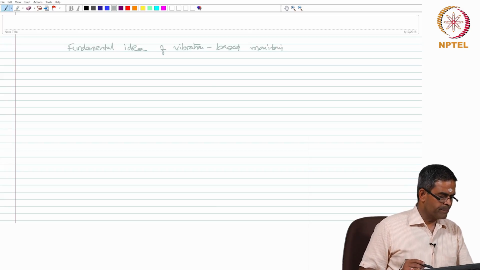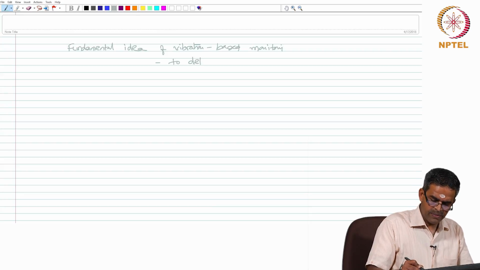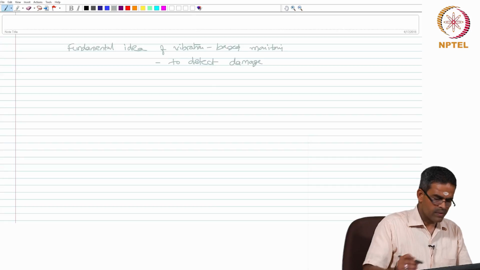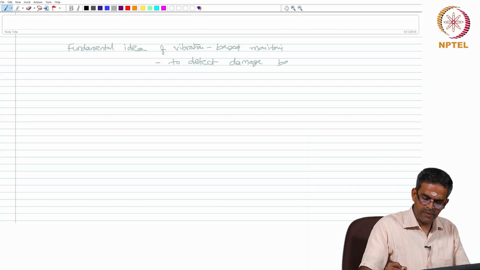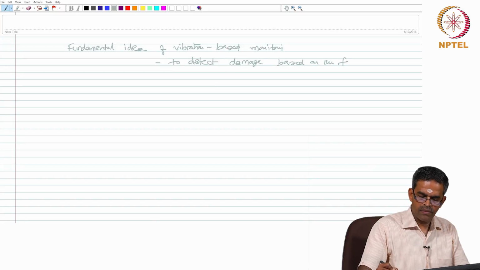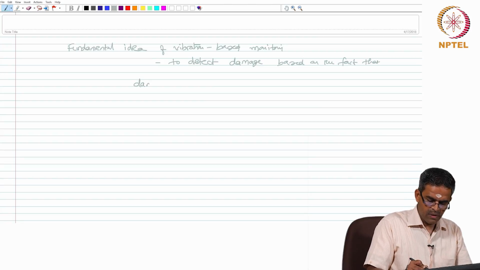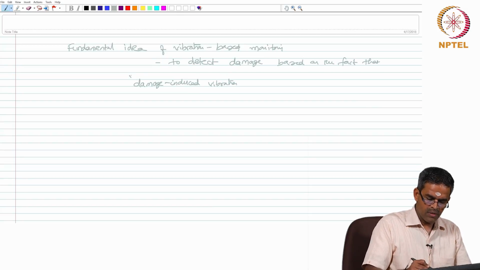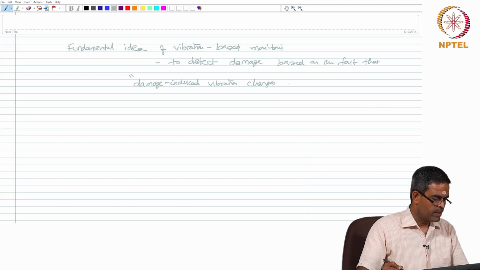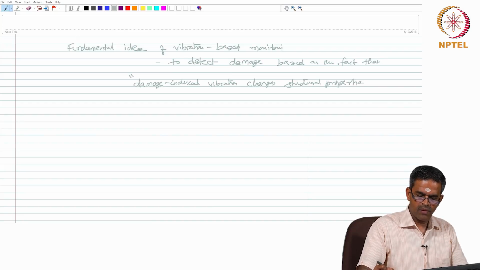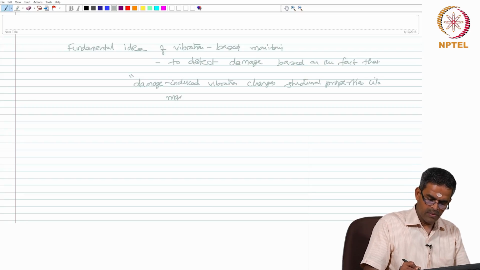The fundamental idea is to detect damage based on the fact that damage induced vibration changes structural properties like mass, stiffness, damping.